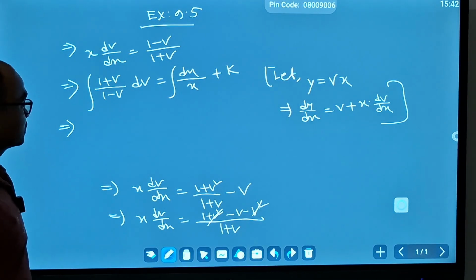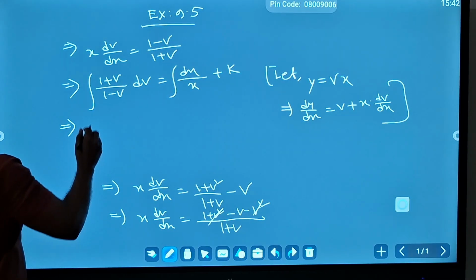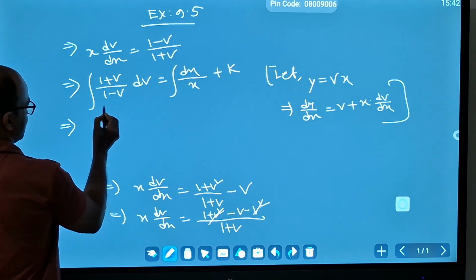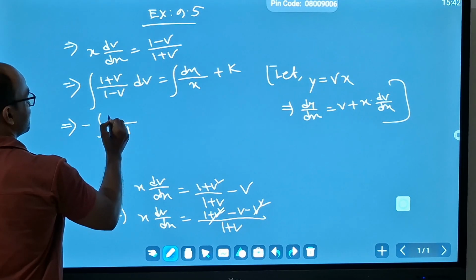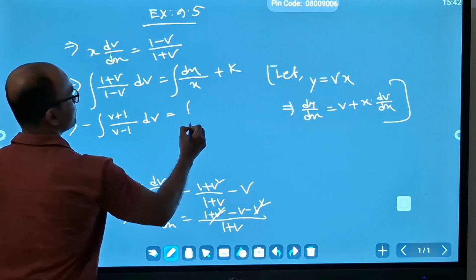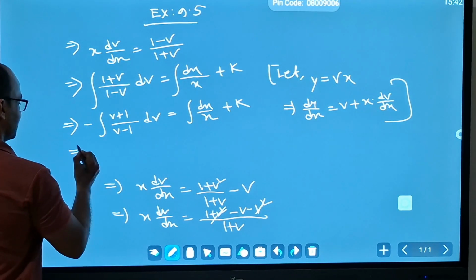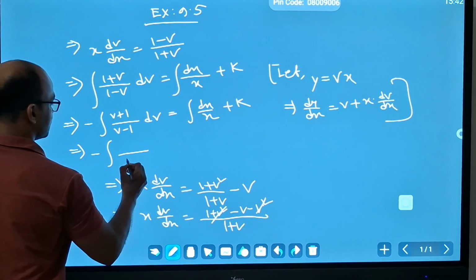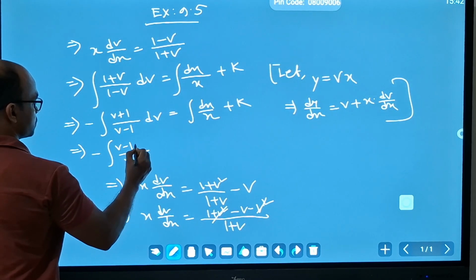Now we have to integrate this. Taking minus from the denominator, we can write minus (v plus 1) by (v minus 1) dv equals dx by x plus k. Now in the numerator, we can write v plus 1 as v minus 1 plus 2.